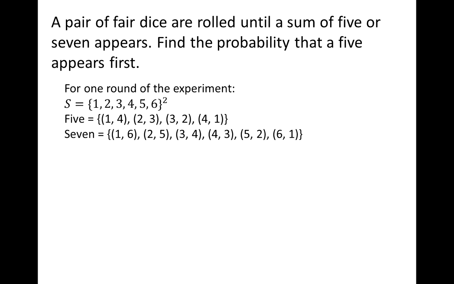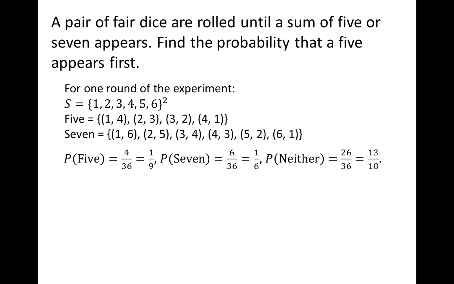Similarly, if we want to get a sum of 7, there are 6 possible outcomes: 1,6; 2,5; 3,4; 4,3; 5,2; and 6,1. So the probability that we get 5 in one round is 1 over 9. The probability of 7 is 1 over 6, and the probability that we get neither 5 nor 7 is 13 over 18.